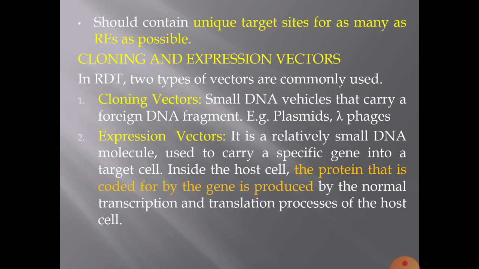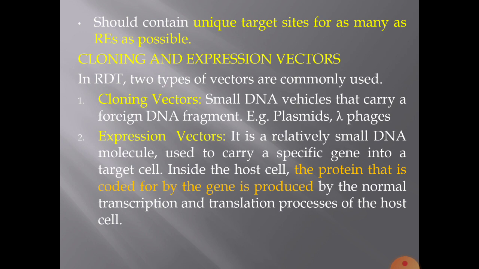So here the motto is to produce the protein coded by the DNA of your choice, by the regular transcription and translation processes of the host cell. So in cloning, getting multiple copies is the motto. In expression vectors, retrieving the required protein is the motto.